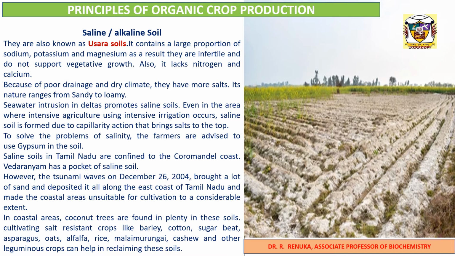In coastal areas, coconut trees are found in plenty in these soils. Cultivating salt-resistant crops like barley, cotton, sugar beet, asparagus, oats, alfalfa, rice, malai murungai, cashew, and other leguminous crops can help in reclaiming these soils.